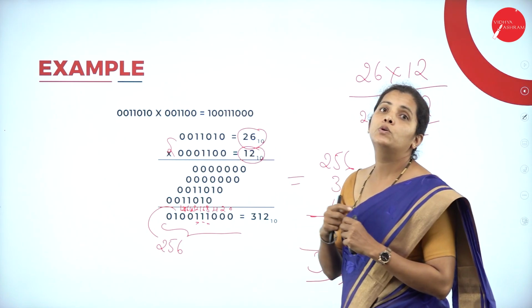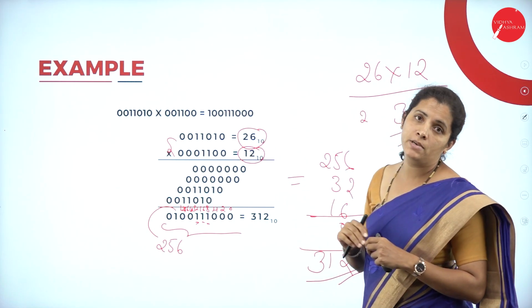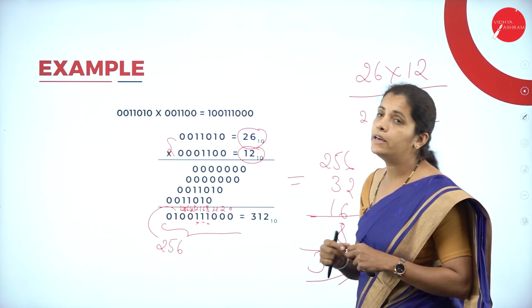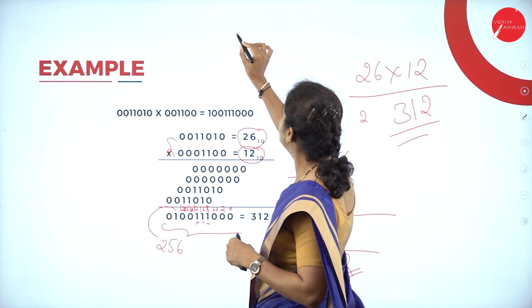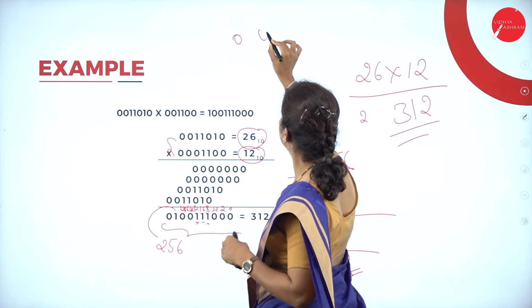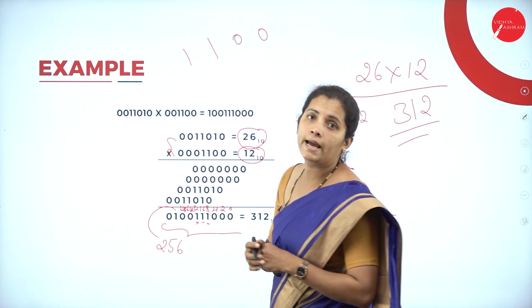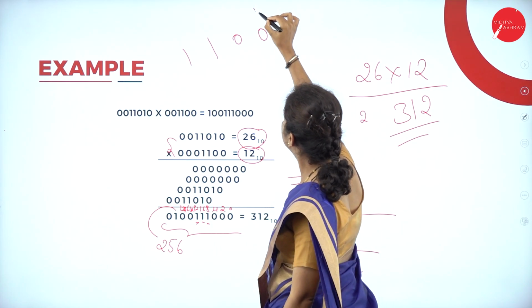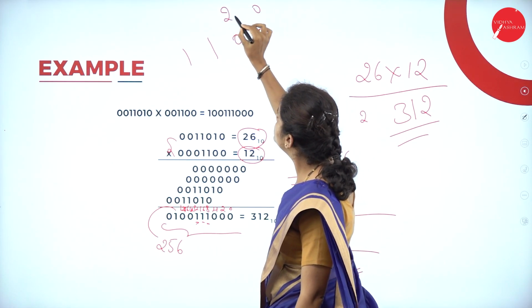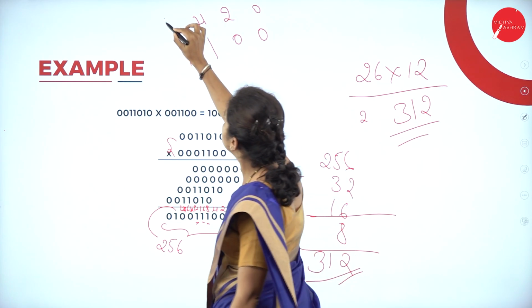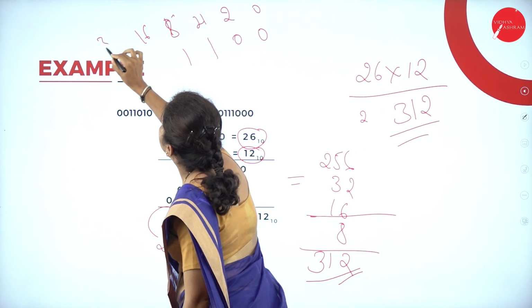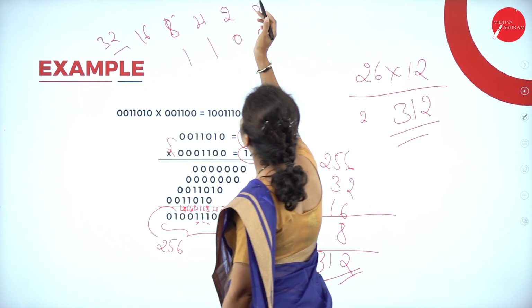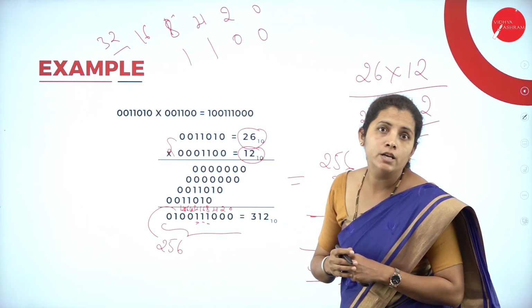So first you want to take the hexadecimal value. How to take it? I'll give a simple suggestion. Write the weightage. So here 0, next it is 2, next it is 4, next it is 8, 16, then 32. Whatever value you have, it is multiplied by 2.